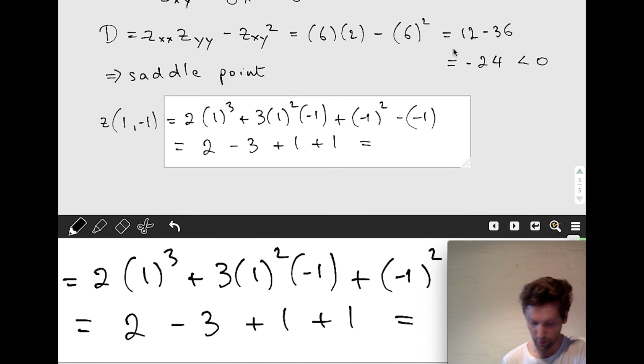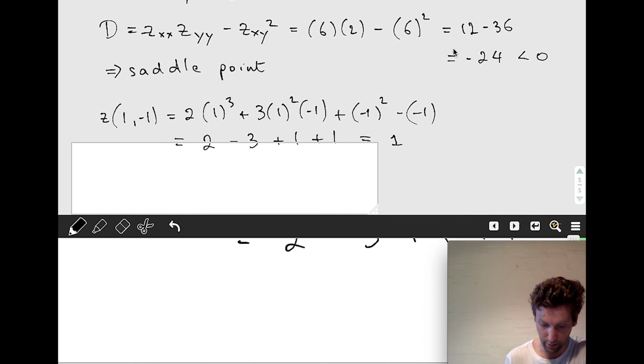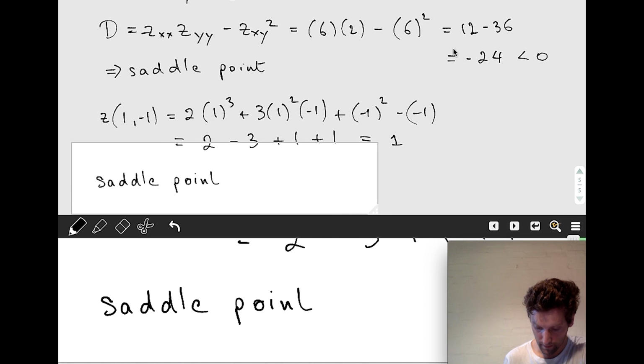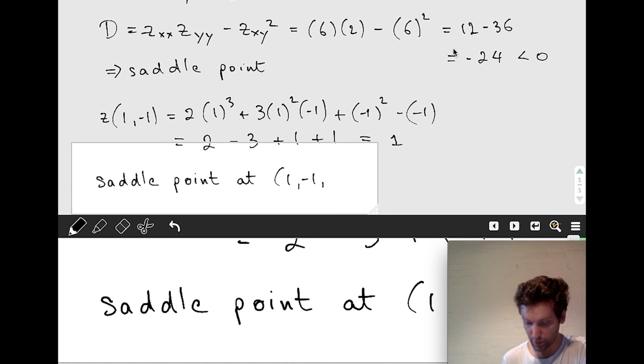So that's 4 minus 3, which is 1. So we have a saddle point at x equals 1, y equals minus 1, and z equals 1.